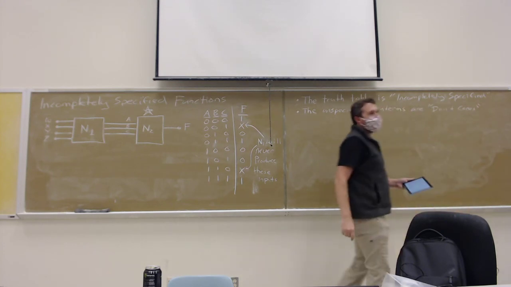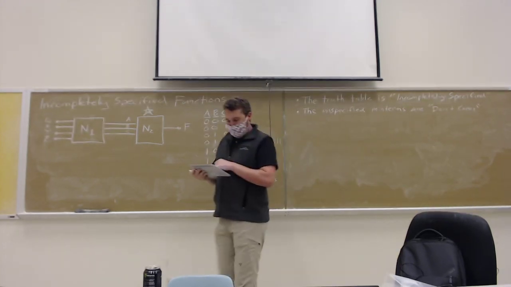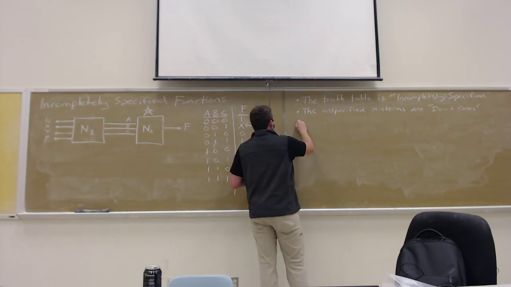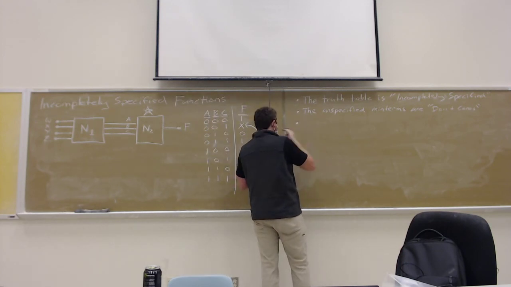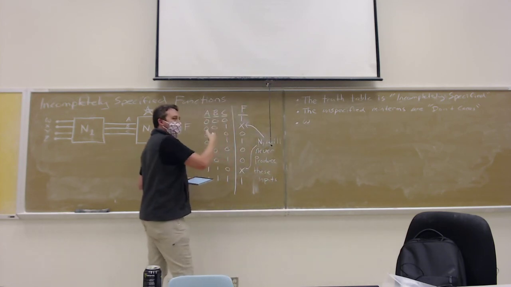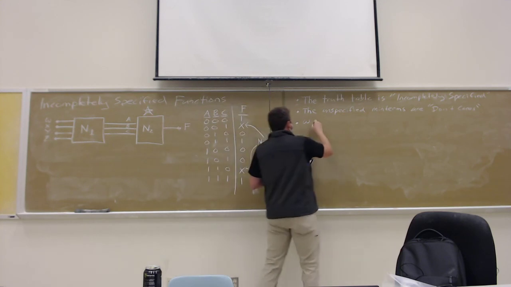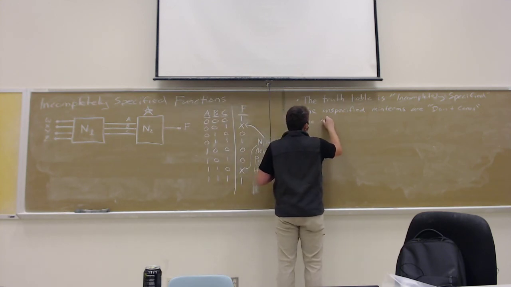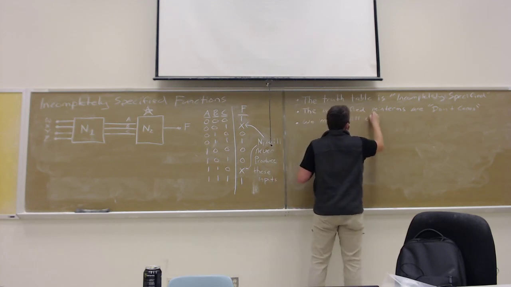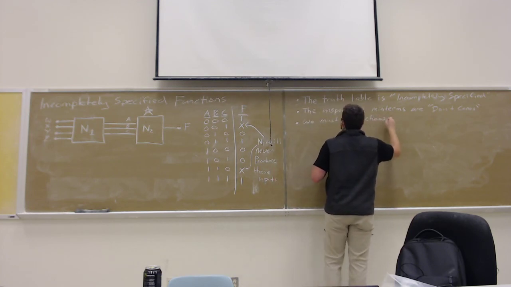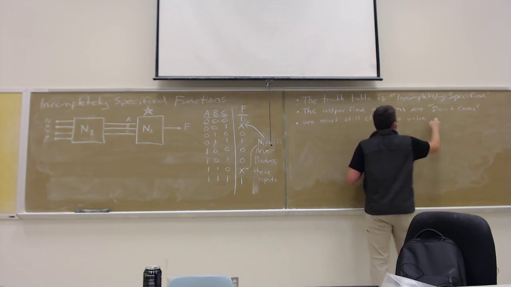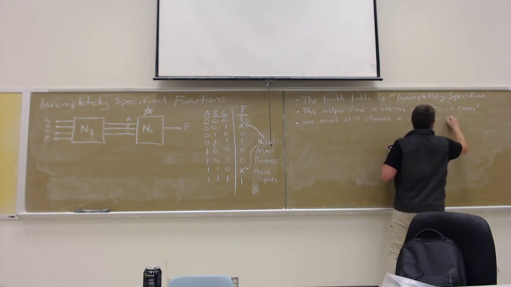What are they? We don't care. Our third and final bullet point here is, now we still have to design our system, right? So we must still choose a value for each don't care.